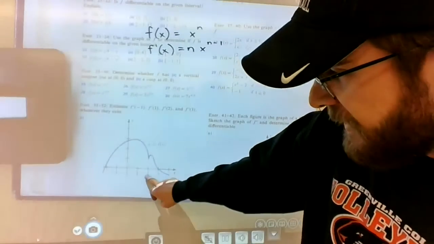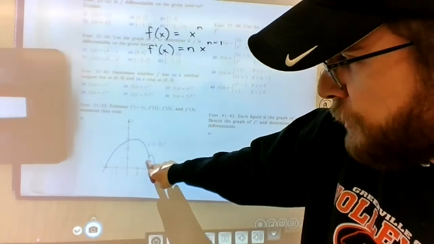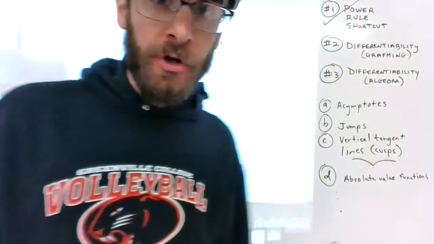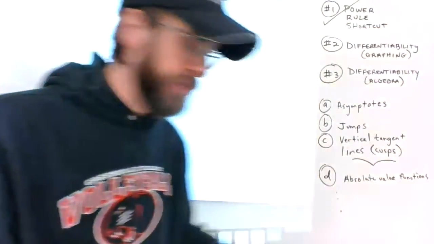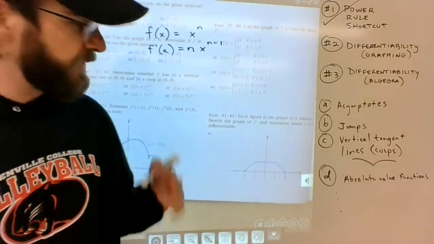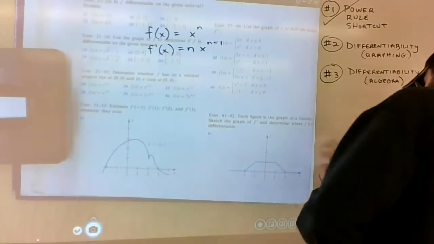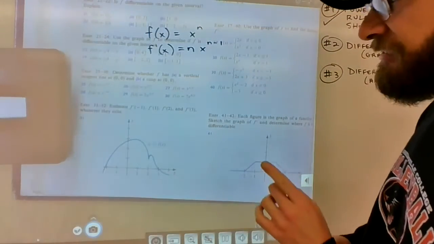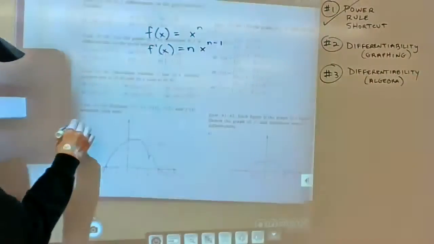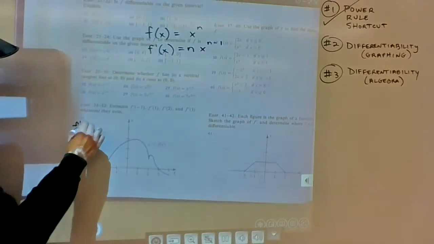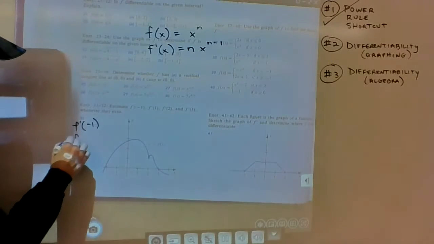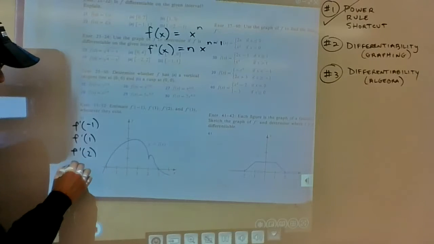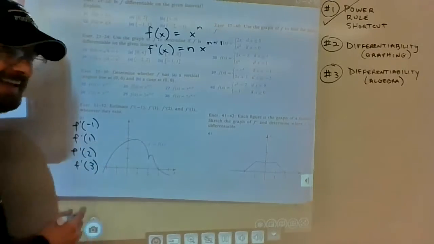Right away you should be thinking at x equals 2, this function is not differentiable because it's got a cusp right there, which is going to create a vertical tangent line. But let's make sure we're following directions, because I want to answer the question they're asking. They're saying, what's the value of f prime of -1, f prime of 1, f prime of 2, and f prime of 3?